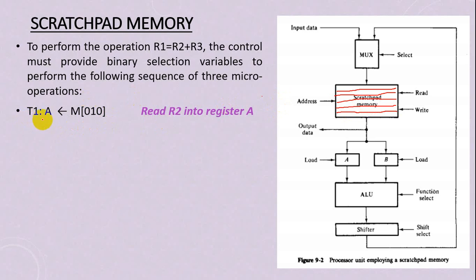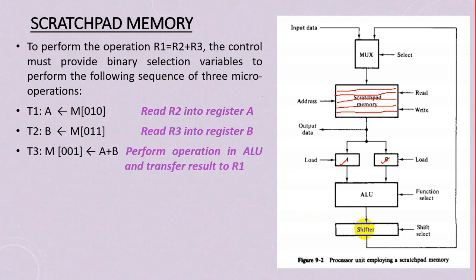On the second clock cycle, we read R3 from the memory into register B over here. This is register B. This is register A. So 2 clock cycles are required to read word A and word B. After reading word A and word B, we perform the arithmetic logic operation, the addition operation, in clock cycle T3.